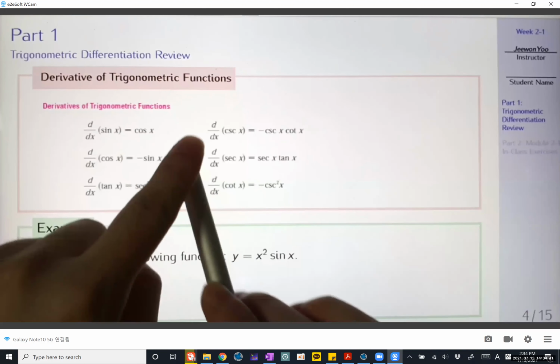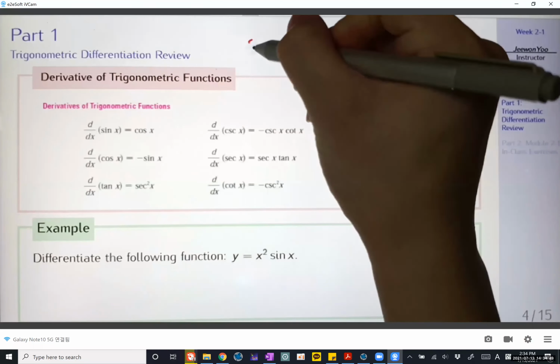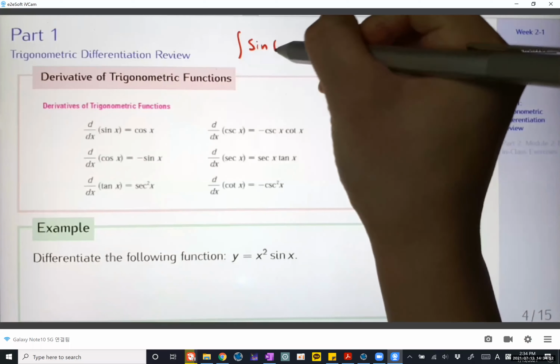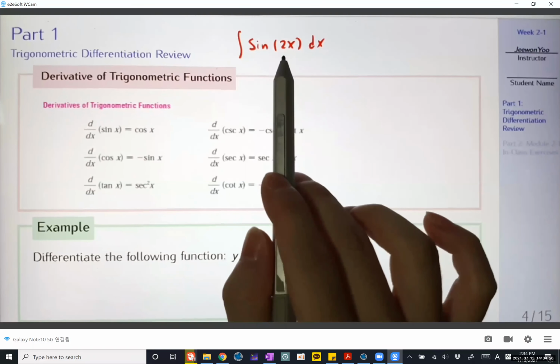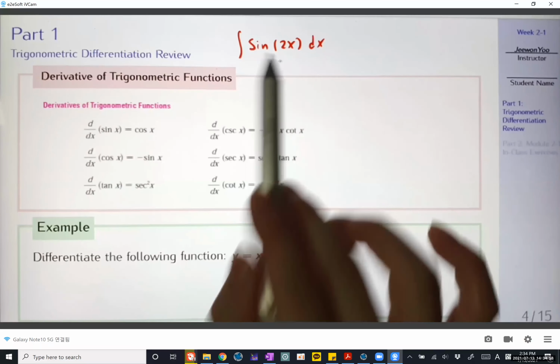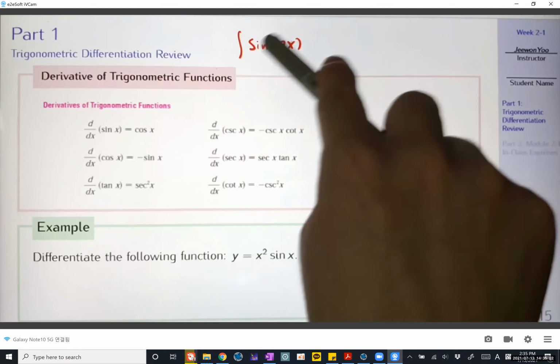We're going to do harder ones in week 2-3. For example, what is the integral of sine of 2x? This one requires a kind of chain rule for integrals, right? We're going to learn that in module 2-3. It's called the substitution rule.